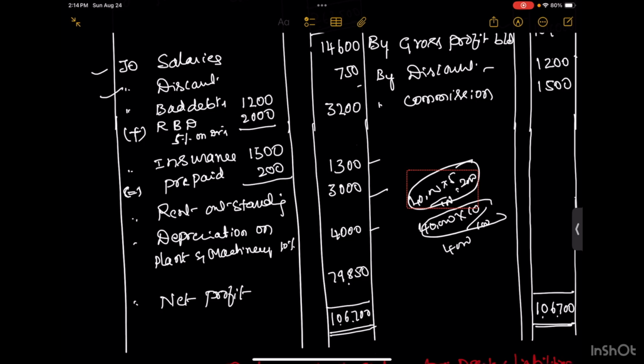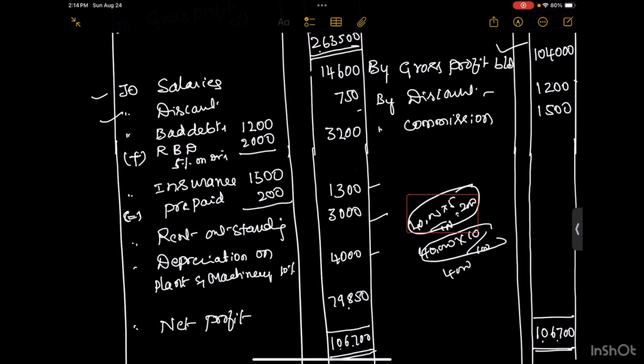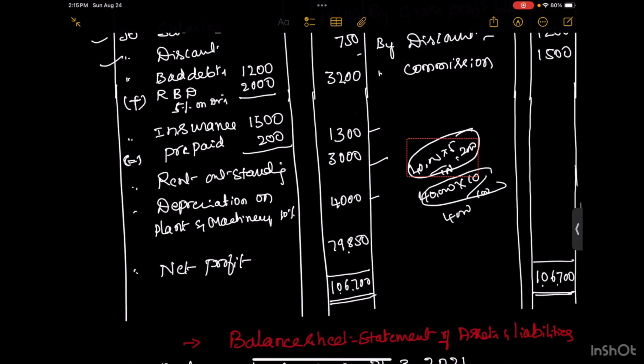So I'm going to write 1,06,700 on both sides. Whatever total comes here is to be subtracted from 1,06,700, so that you will get a balance of 79,850. This is the profit, which is to be transferred to the capital account. So we are going to prepare the balance sheet, and that is to be transferred to the balance sheet.